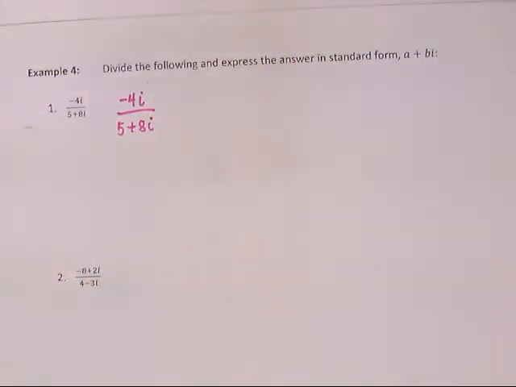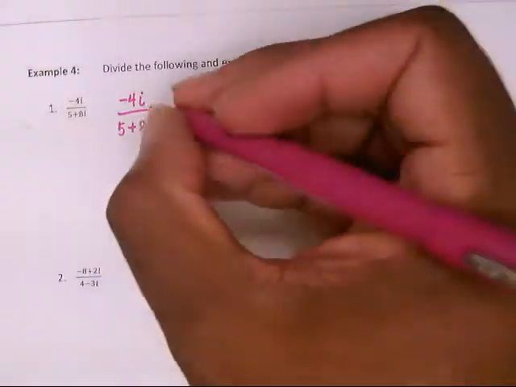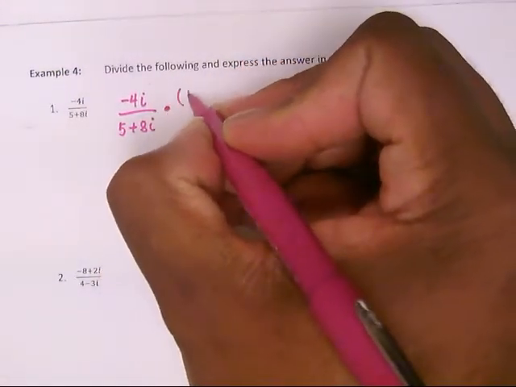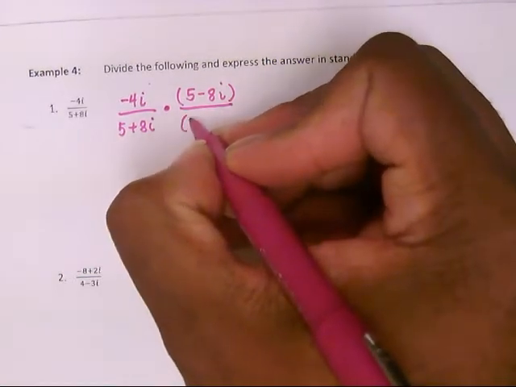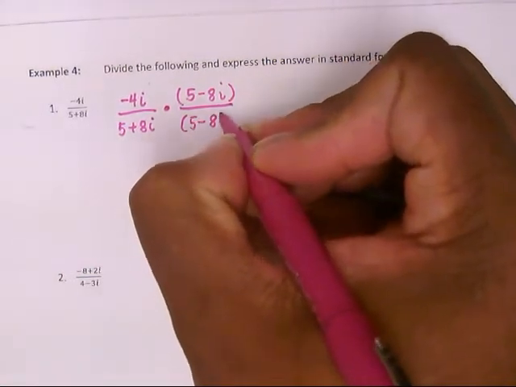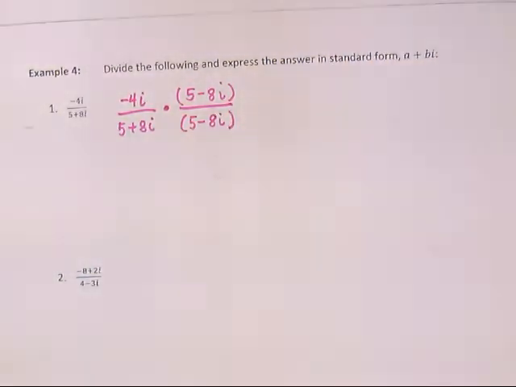Now, the denominator is 5 plus 8i. Its complex conjugate is going to be 5 minus 8i. So we're going to multiply the numerator and the denominator by the complex conjugate of our denominator. And that complex conjugate is going to be 5 minus 8i.